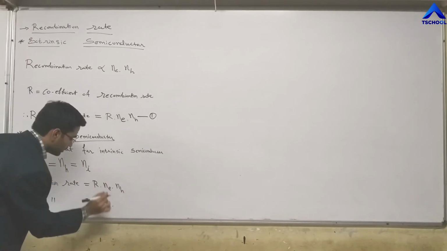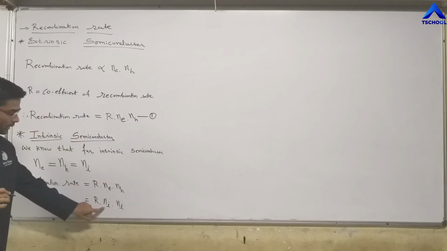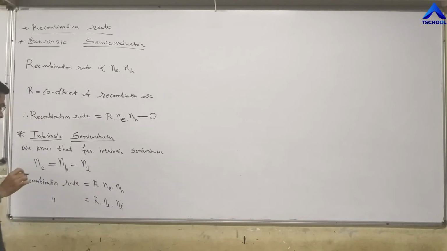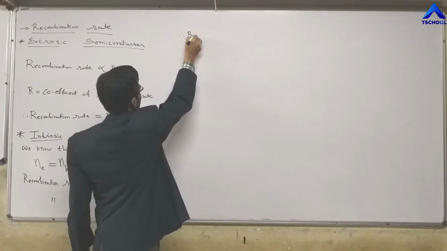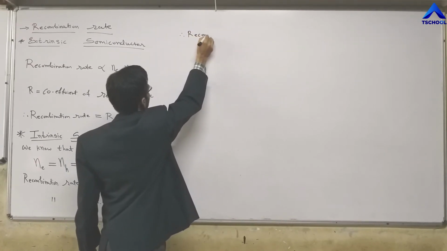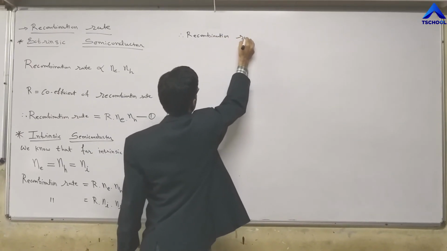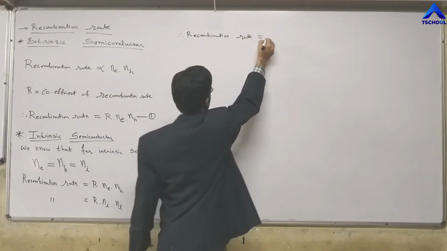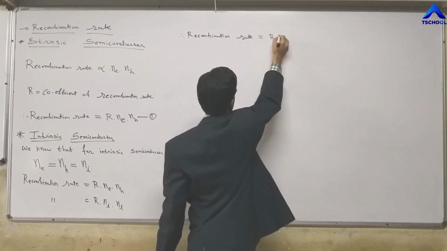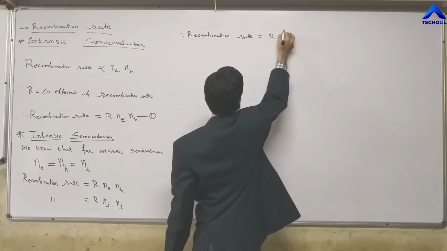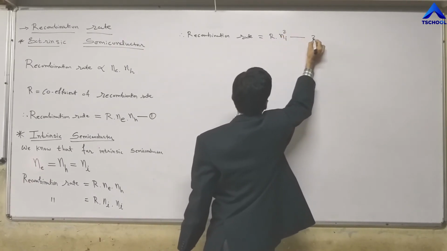So the recombination rate is R into Ni into Ni, which is R Ni square. This is equation number 2.